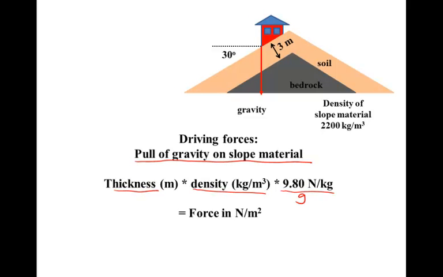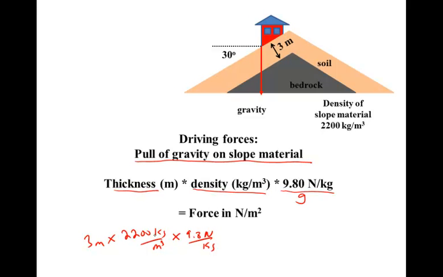That gives us a stress on that slope due to the downward pull of gravity acting on the material that makes up that slope. In this particular example, we have 3 meters of slope material that has a density of 2,200 kilograms per cubic meter. G is our constant, 9.8 newtons per kilogram.